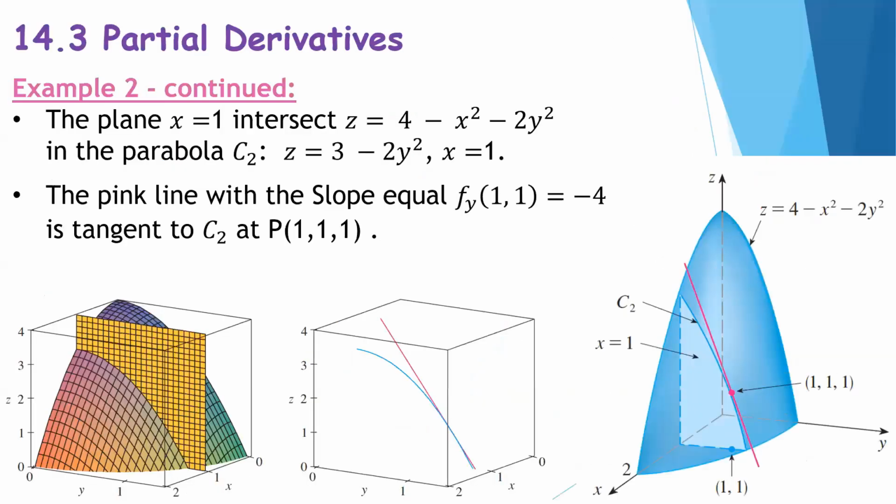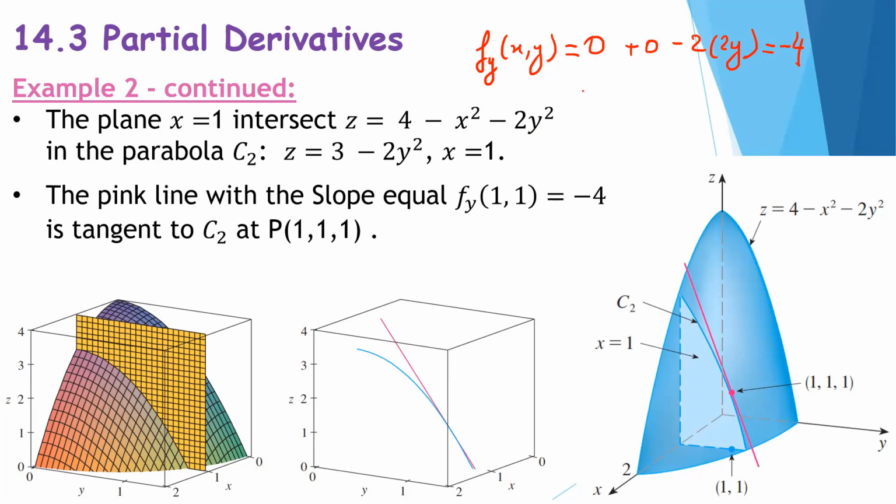If we do the same thing with respect to y, what will be Fy at (x, y)? Fy will be 0 plus 0, and here we obtain minus 2 times 2y, so it's minus 4y.